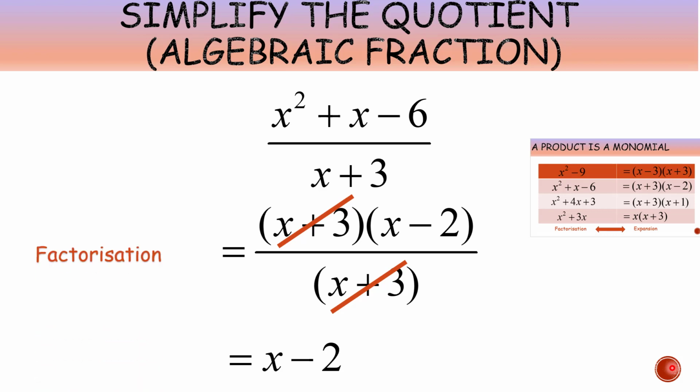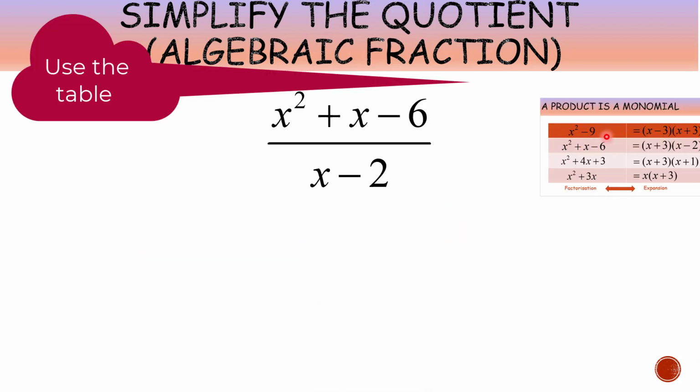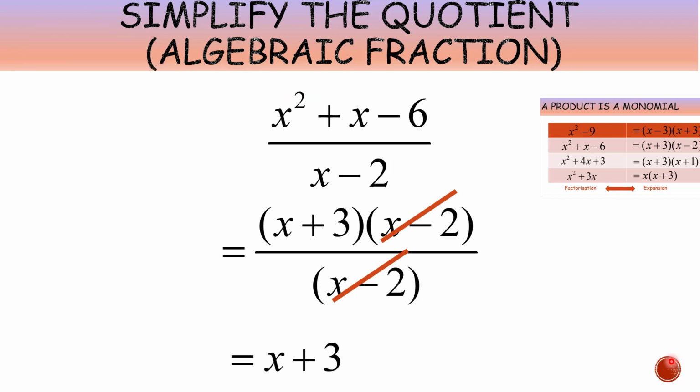So factorization is if we change the trinomial to a monomial or a product. X squared plus x minus 6, we already realized that this is the same as x plus 3 times x minus 2. So we can cancel or divide the x minus 2 by the x minus 2, and now our answer is x plus 3.